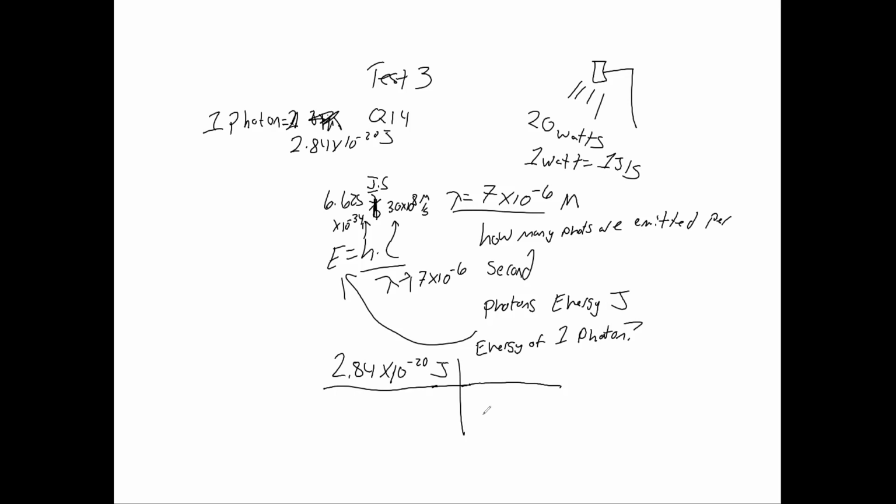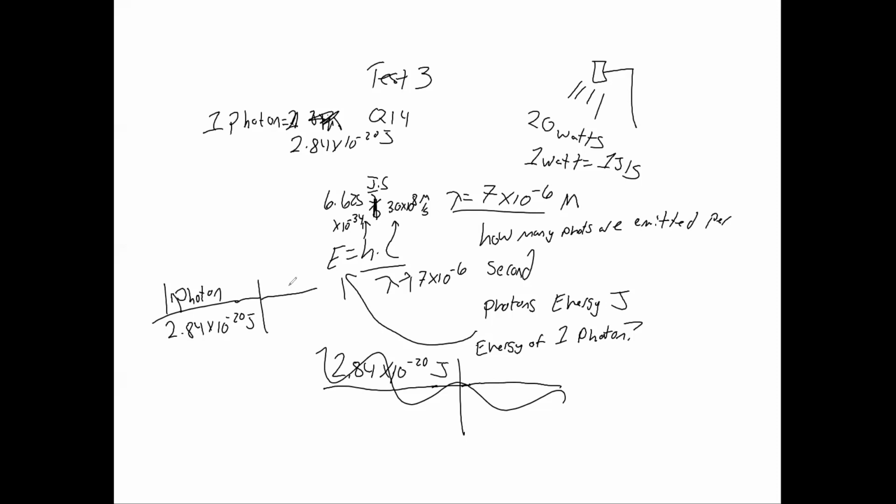So how do I want to do this? I'm actually going to redo my train track, sorry. One photon is 2.84 times 10 to the minus 20 joules.